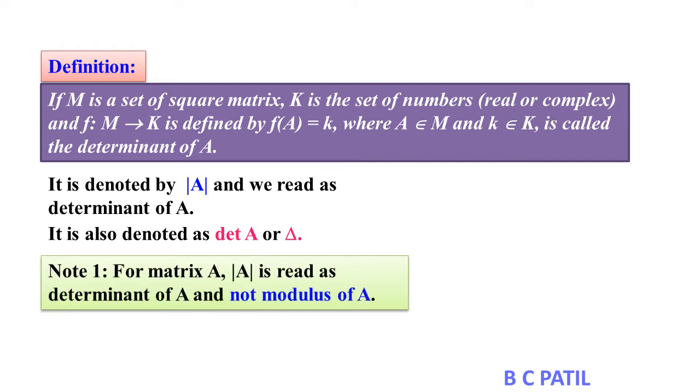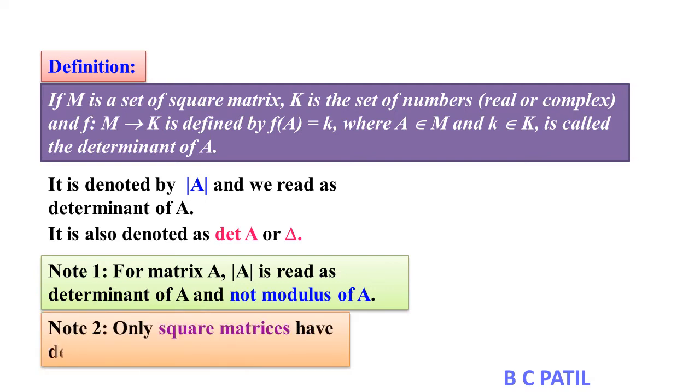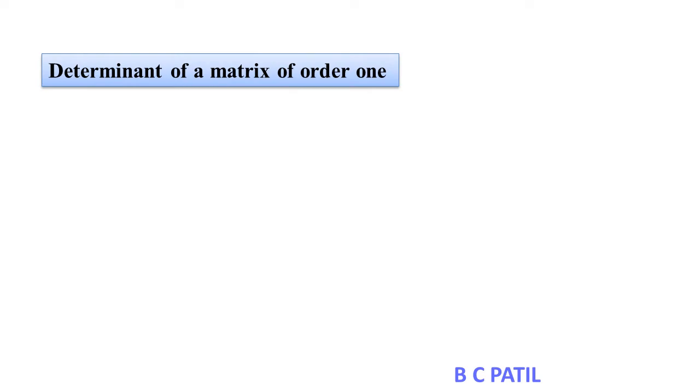Remember guys, for matrix A, determinant of A is read as determinant of A, not modulus of A. Second note, only square matrix have determinants. Determinant of matrix order 1. So let us discuss how to determine the determinant of matrix 1 cross 1.